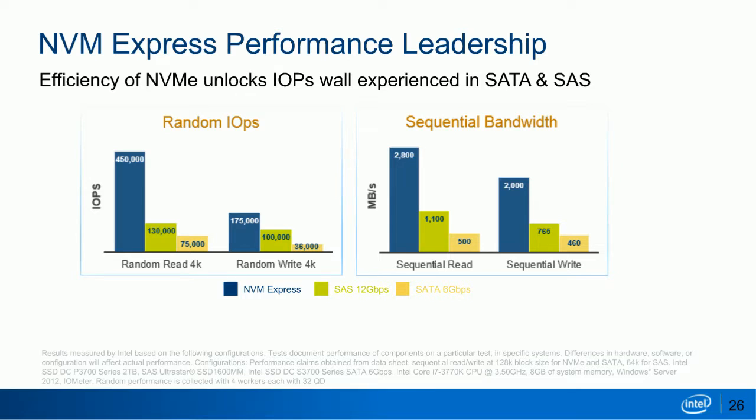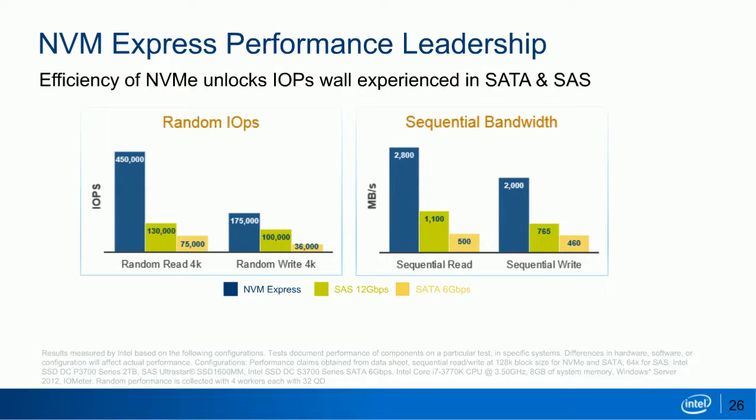Awesome. So some numbers from an IOPS perspective. If you look at the IOPS, what we see is around 450K on a random read 4K compared to 130K or 75K on a SAS or a SATA platform, right? Same thing with the sequential bandwidth.